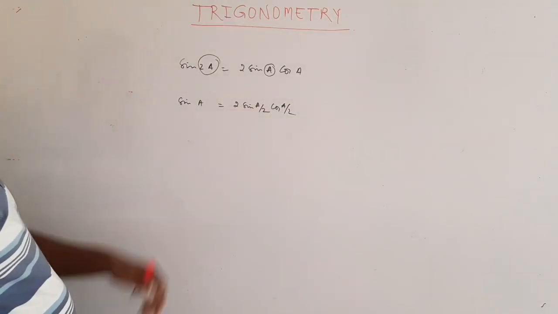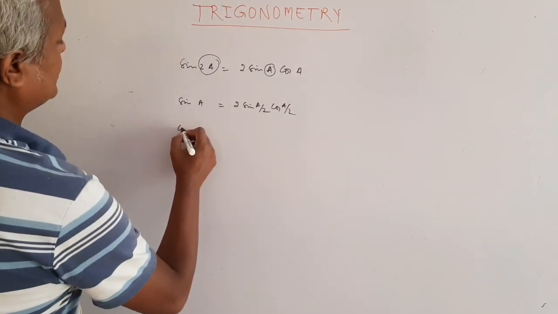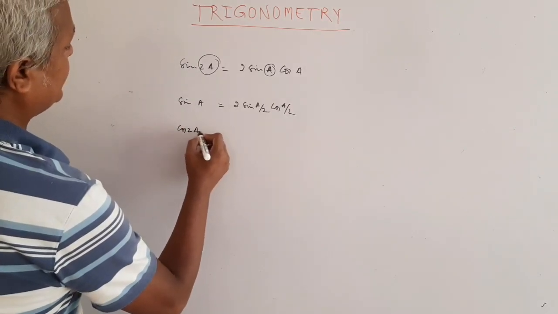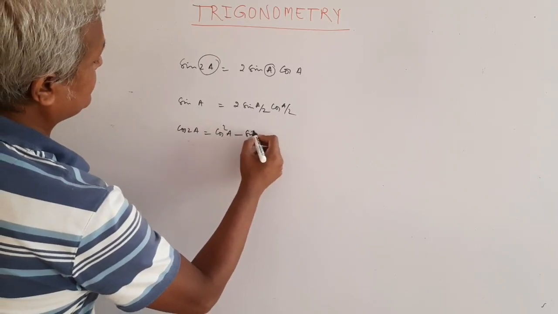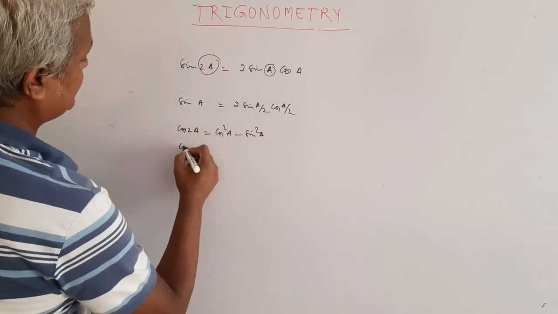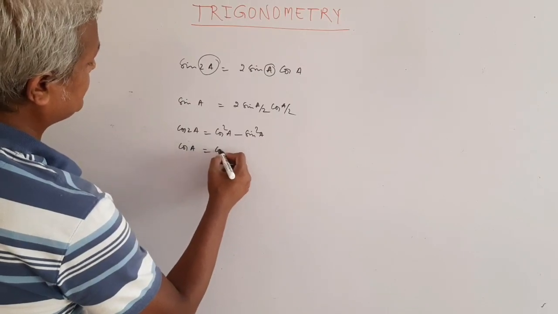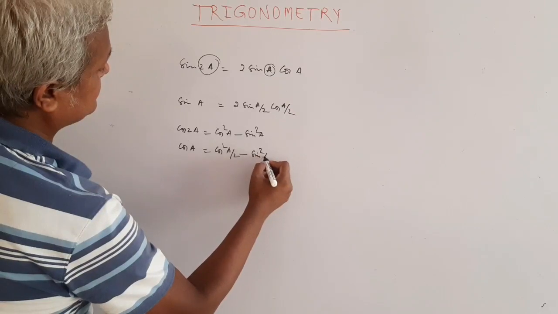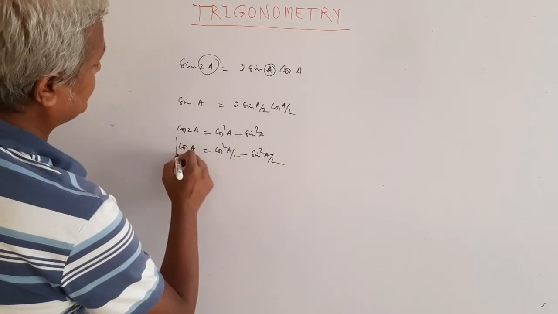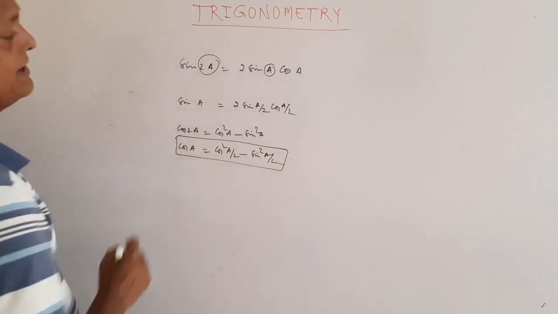This is called submultiple angle. You have the formula cos 2a is cos square a minus sine square a, and then you can write cos a as cos square a by 2 minus sine square a by 2. This is just the same thing.